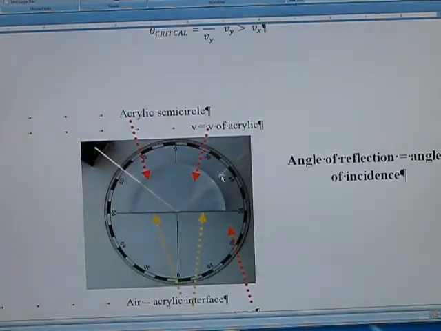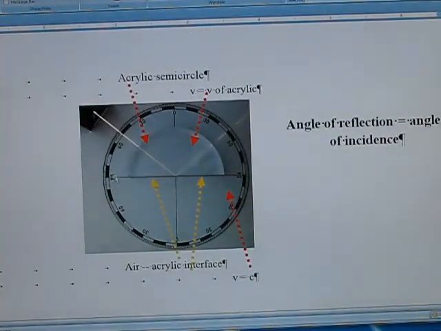This is a nice demonstration, and it involves taking a piece of acrylic, which is cut in half right here. Here we have the velocity of propagation in acrylic. I don't know what that is, but I know that it is less than the speed of light. This is a semicircle, and this is the light source, referred to as the ray of incidence, and this is the ray of reflection.